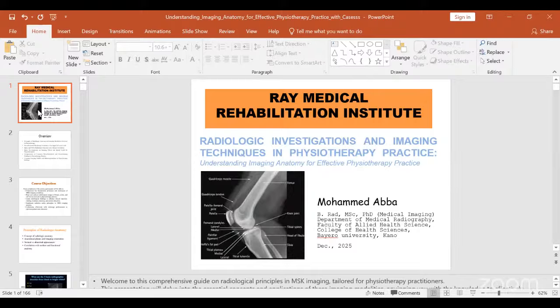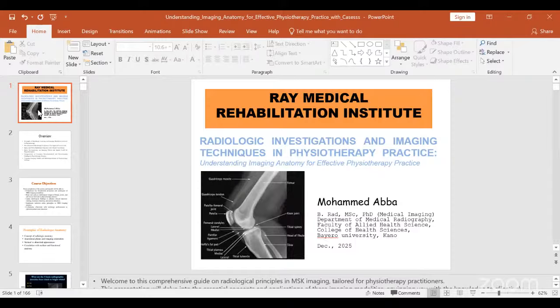And another very important point that I want to highlight before we start is our imaging modalities. We have numerous of them. None of the imaging modalities is exclusive in diagnosis of all forms of pathologies. Rather, they are complementary.